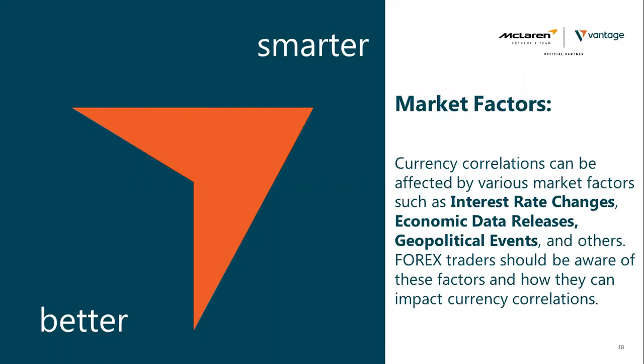So market factors. Currency correlation can be affected by various market factors, such as interest rate changes, economic data releases, geopolitical events, just like what's happening in Turkey and Syria right now, the earthquake that just happened there, right? I'm sure some of us might be aware of the huge 7.8 magnitude earthquake that just happened in Turkey and Syria a few days ago, killing thousands and thousands of people.